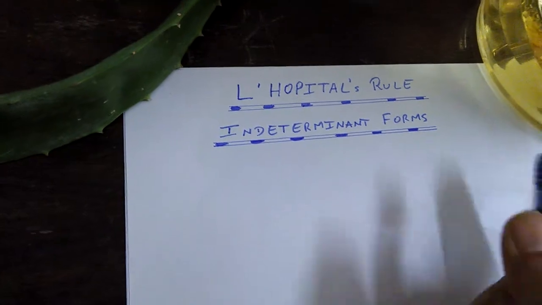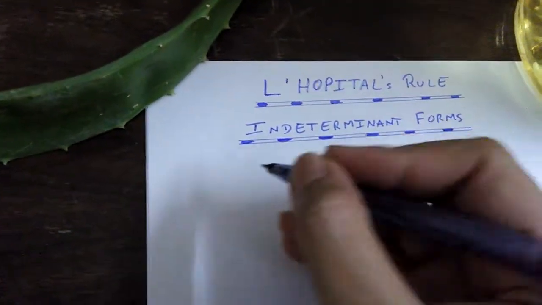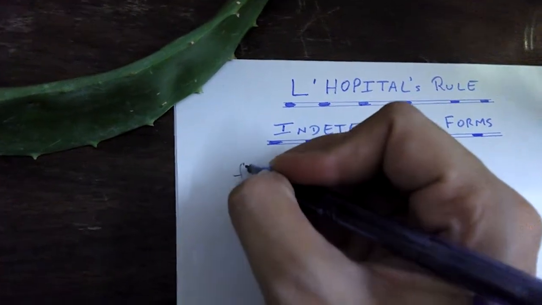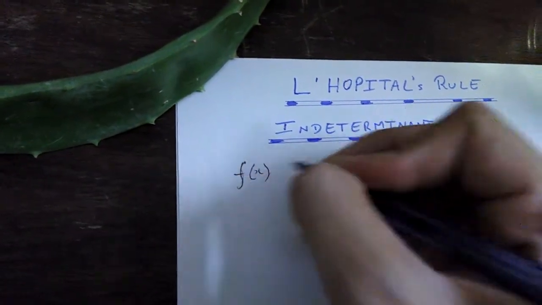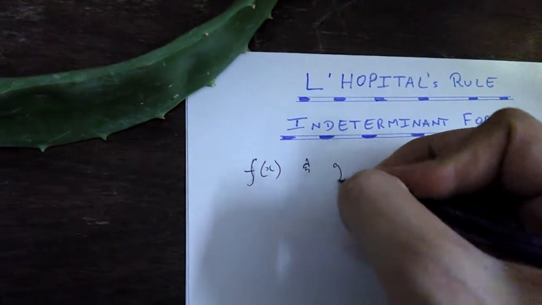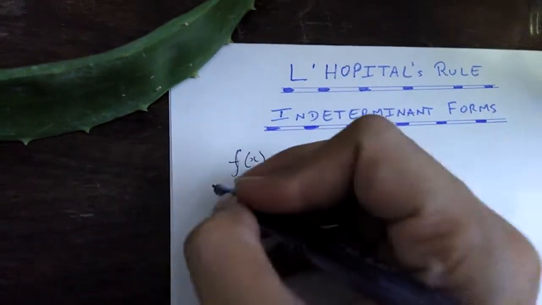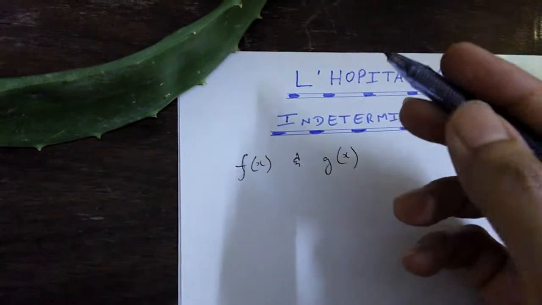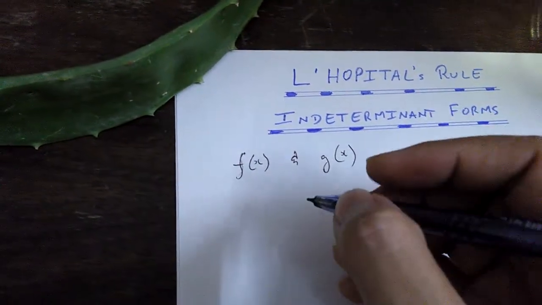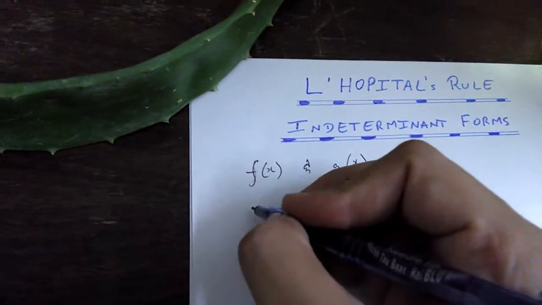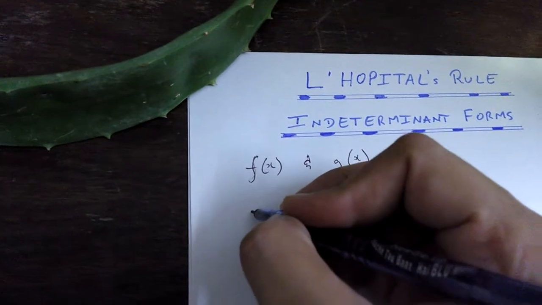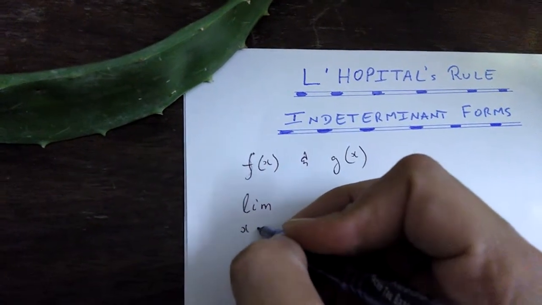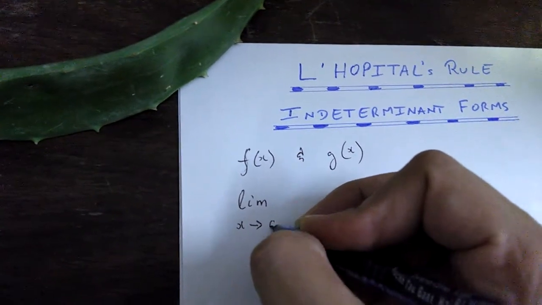Like for instance, I say that I have two functions, f of x and g of x, very well defined. I'm writing them in general. I write these two functions in a quotient form, or in a form of a fraction. And then I will be applying the limit as x tends to some real value.